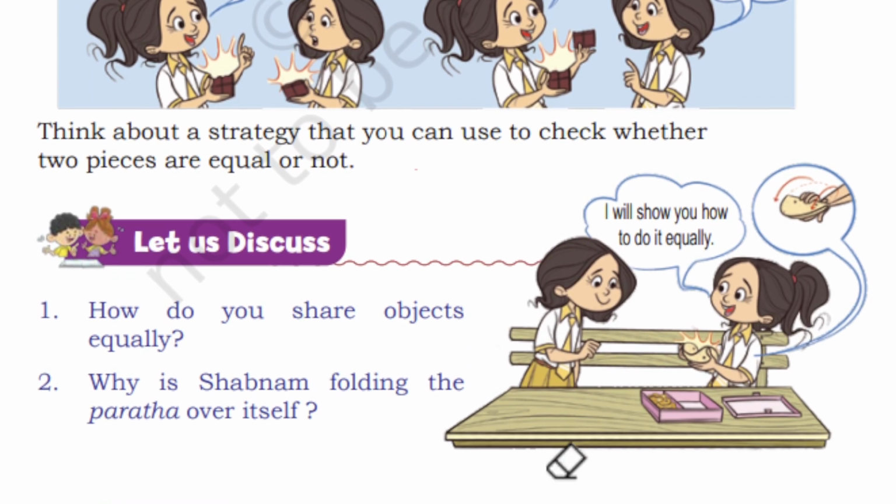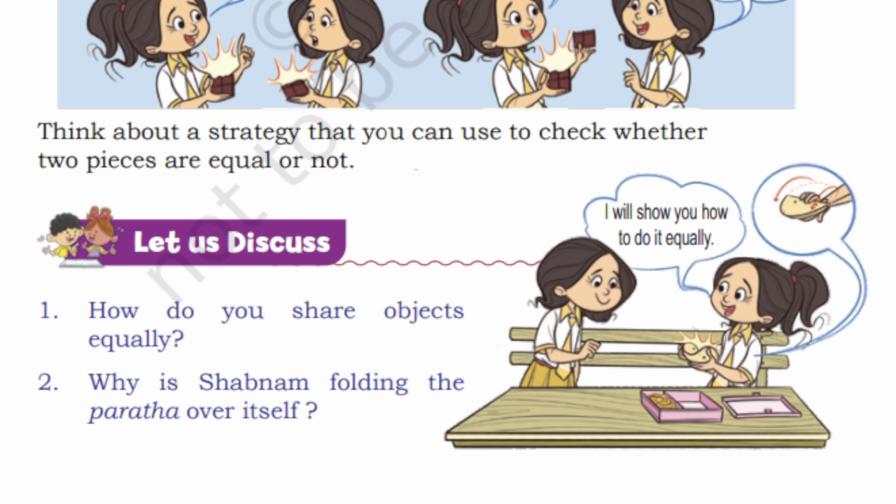So let's see the next one. How do you share an object equally? To share the object equally, first we need to check what shape it is.